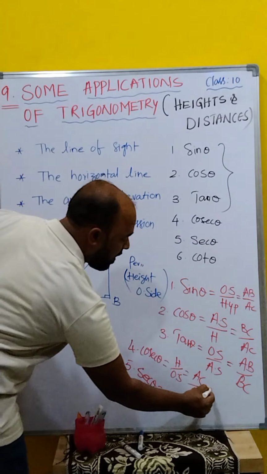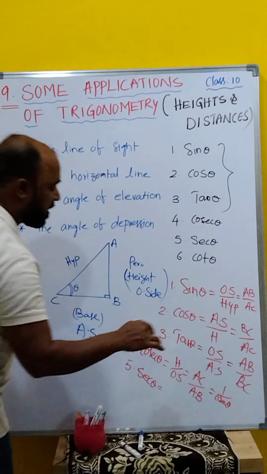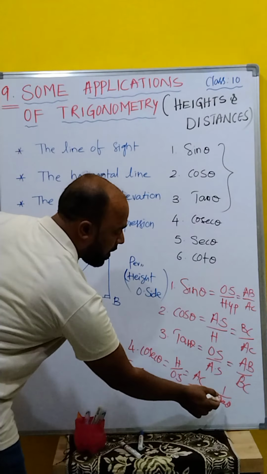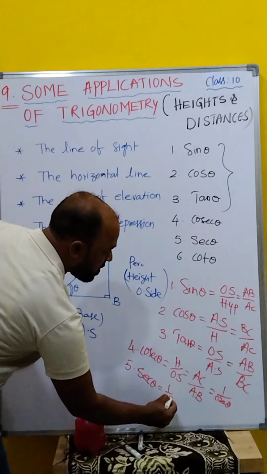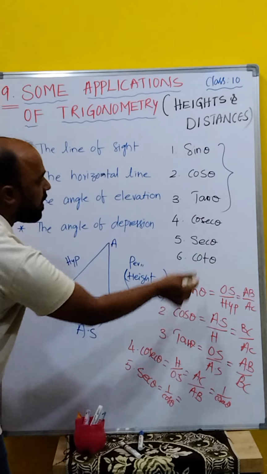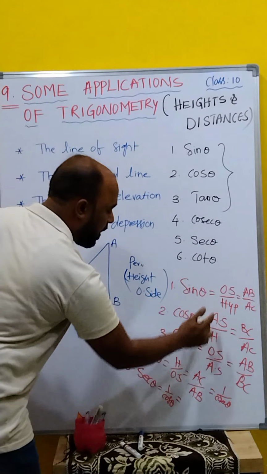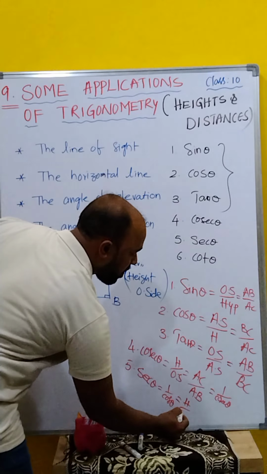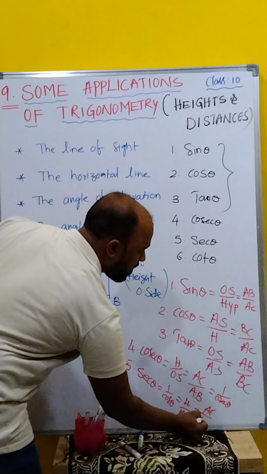Sec is 1 by cos, so it is the opposite of cos, H by AS, hypotenuse by adjacent side, that is AC by BC.